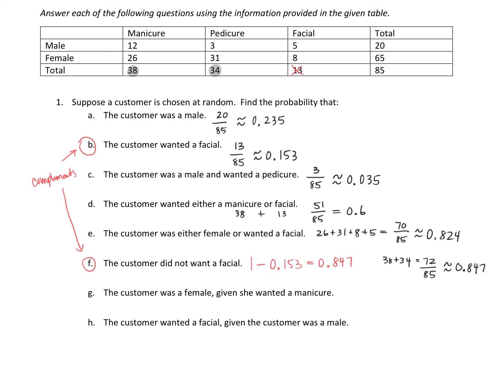Okay, part G, find the probability that the customer was female given that she wanted a manicure. This is something totally different that we haven't seen before. The given that she wanted a manicure is really important, and that's where you want to start. Given that she wanted a manicure means we're only going to be considering the people that wanted a manicure. So the given is our new denominator.